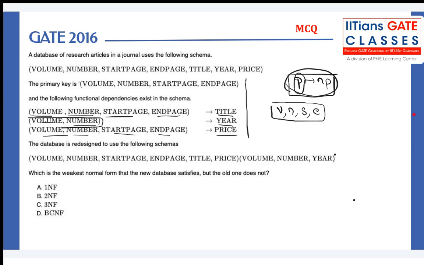Very good, right? So if you look at the second one, it consists of the prime attributes volume and number. These two are proper subsets of the key attribute of the key given, which is V, N, S, E. V, N are proper subset of V, N, S, E. Now, what did I say?